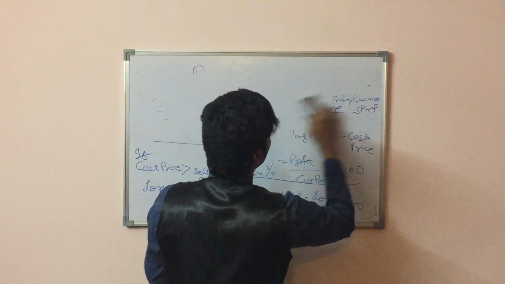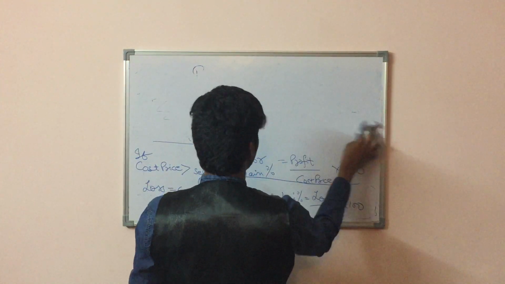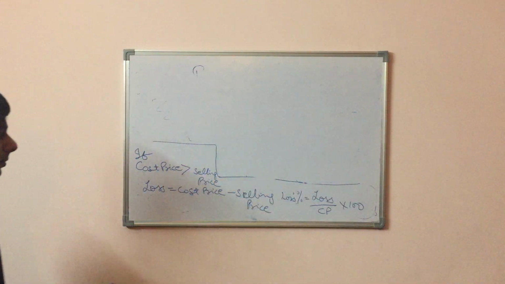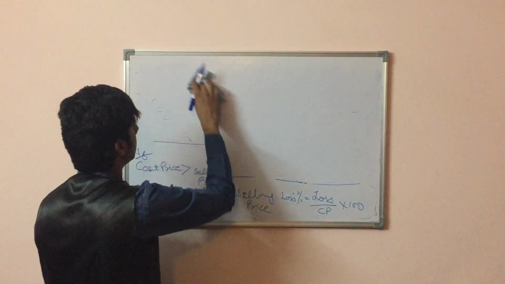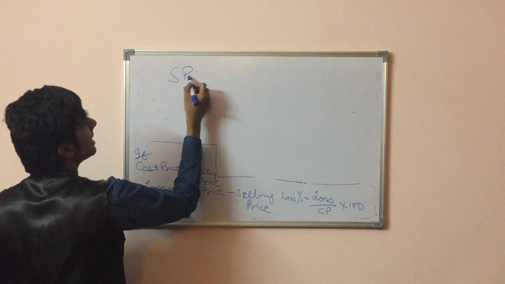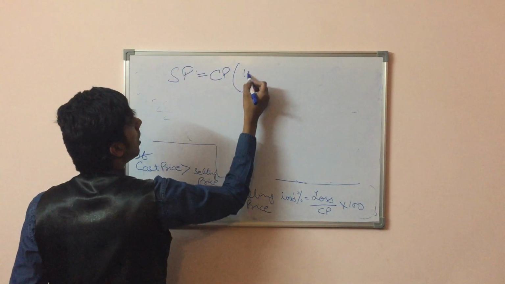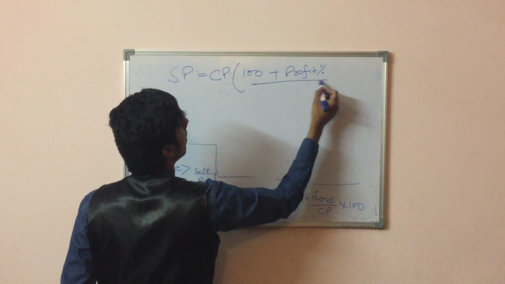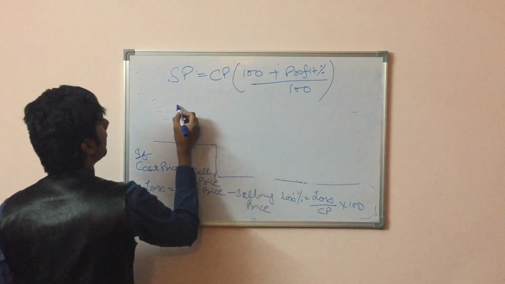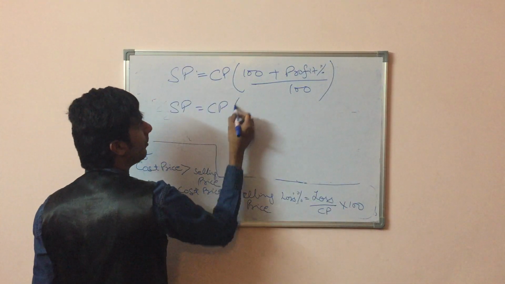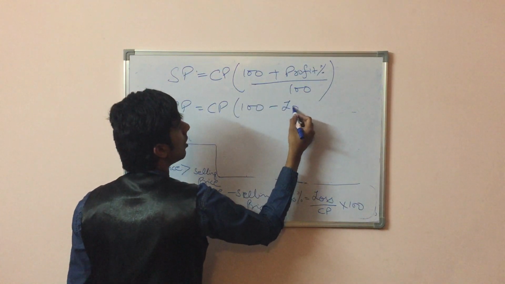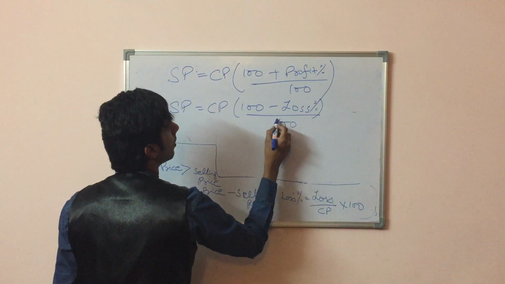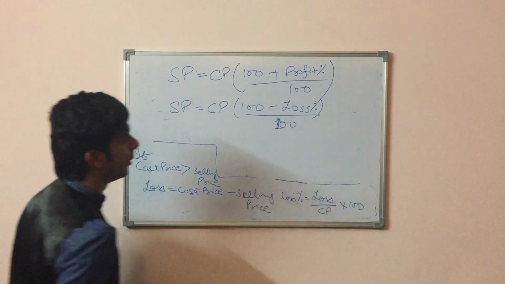There's also one formula which we use in this chapter. There's one formula that SP equals to CP into (100 plus profit percent) upon 100, and SP equals to CP into (100 minus loss percent) upon 100.